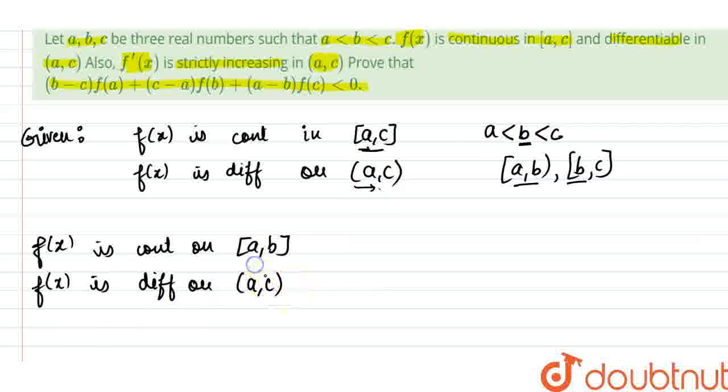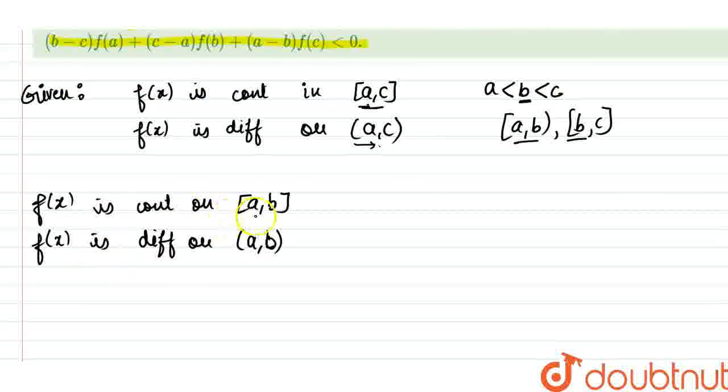So this is a to b. So we get that f of x is continuous on closed interval a b and f of x is differentiable on open interval a b, and this is the condition of the Lagrange mean value theorem.